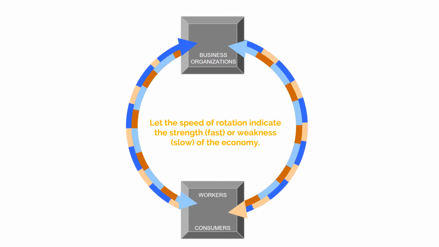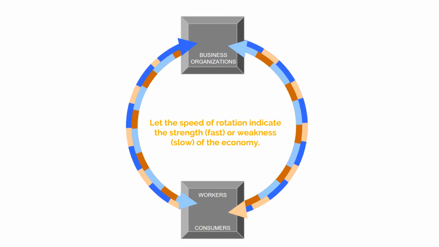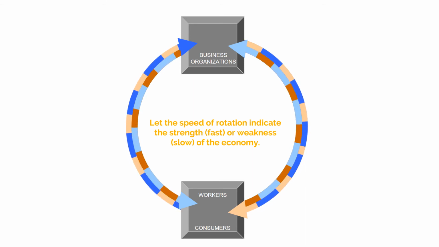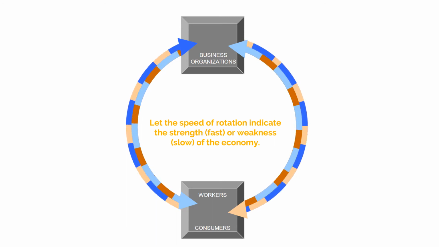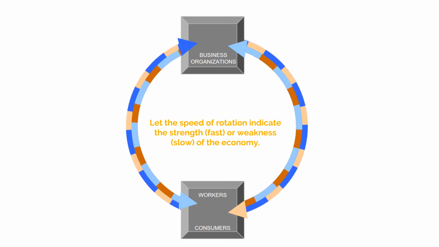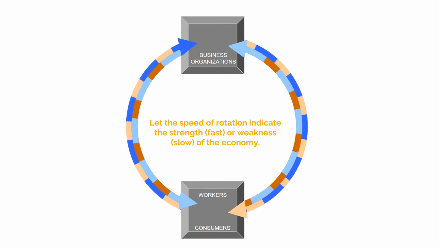Hey, that's a moving along circular flow. But we could speed the economy up. We could make this exchange process happen more quickly, so that the circular flow is really humming along and the economy is really moving forward. But we could also slow down and become pessimistic. We could slow down our spending and we could have the economy sputter. The idea is like an engine stalling out, and we don't have enough gas to keep it going.